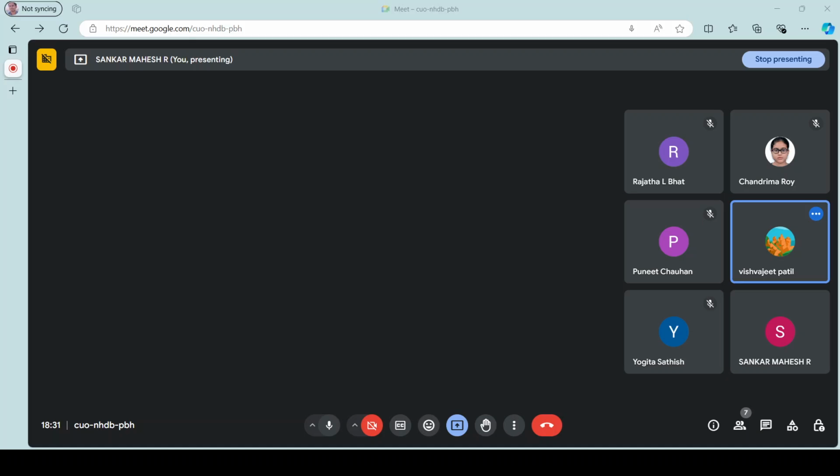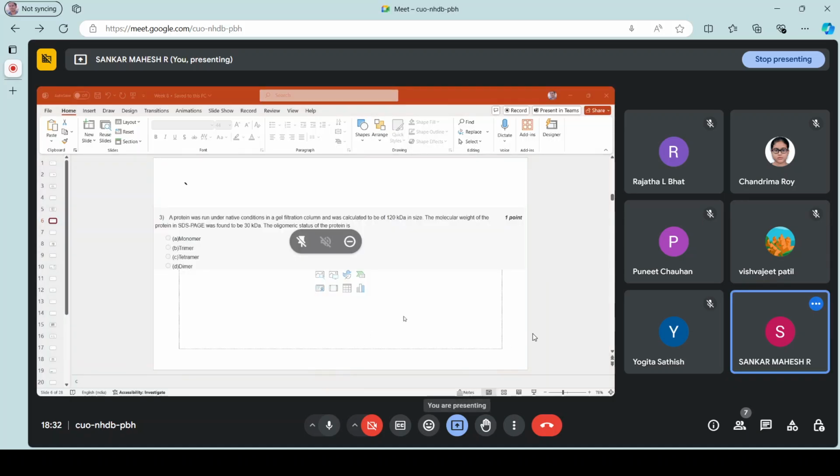We can take a couple of minutes, and one can start by defining how you load samples on SDS-PAGE, what is there in your dye, or what are all the steps that you do. That will help us understand this question better. So whoever wants to try answering, Puneet, Yogita, and others, can unmute, take a couple of minutes, think, and then unmute. Okay?